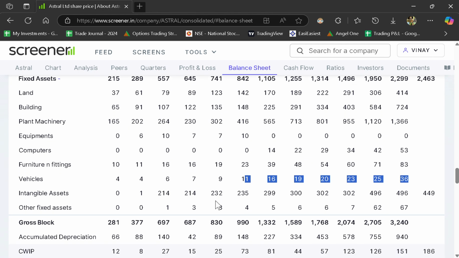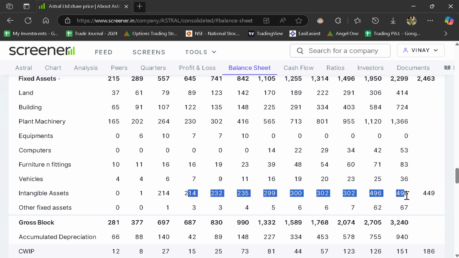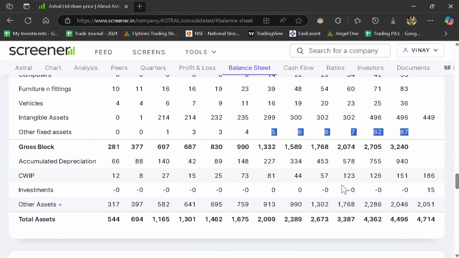Then there are some intangible assets. You must be knowing the difference between tangible and intangible assets. So this is also counted towards the assets, and some other fixed assets. Now, if you come down further, this is the gross block.